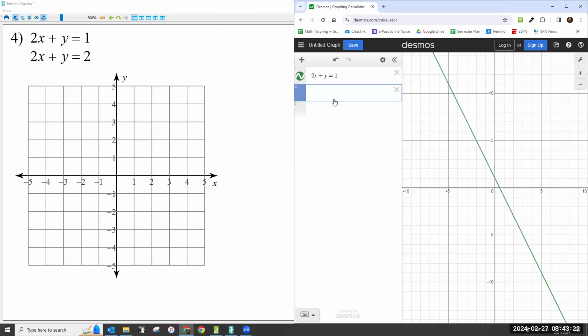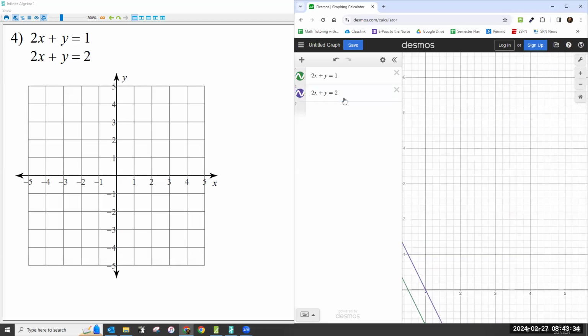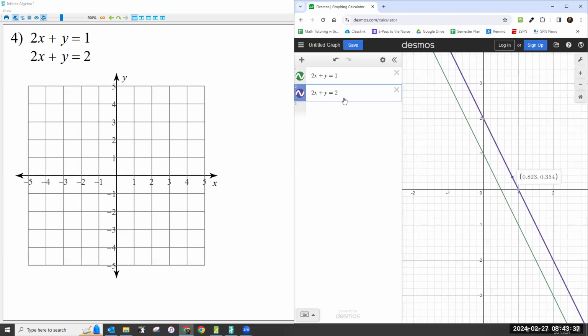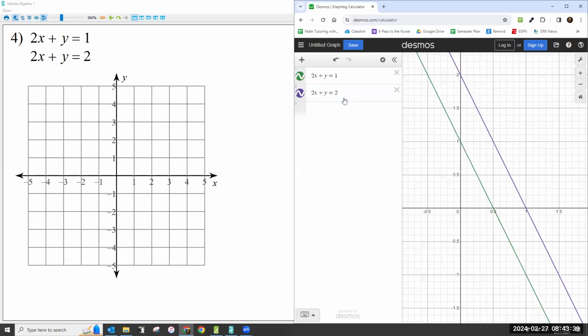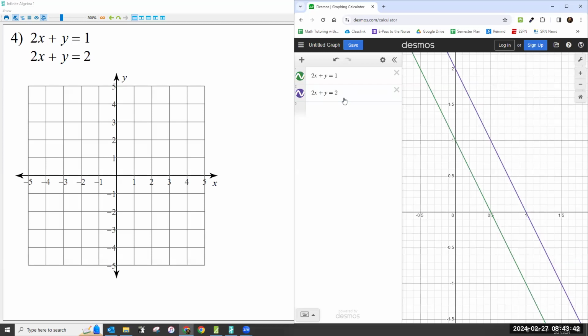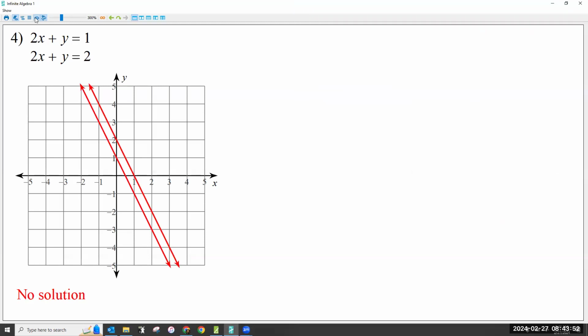Come down here. 2x plus y equals 2. Lines, I see those lines are parallel. Those lines are not going to intersect. Whenever I have parallel lines, my answer is always going to be no solution. Okay, parallel lines means no solution.